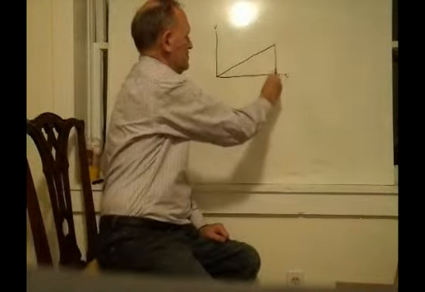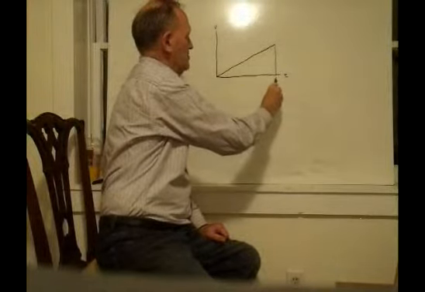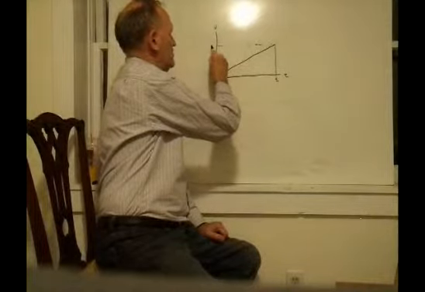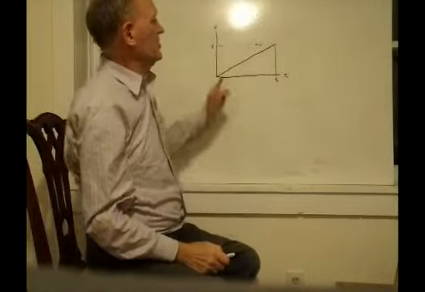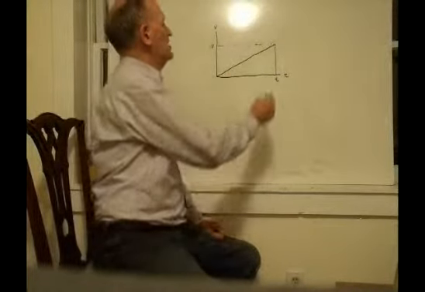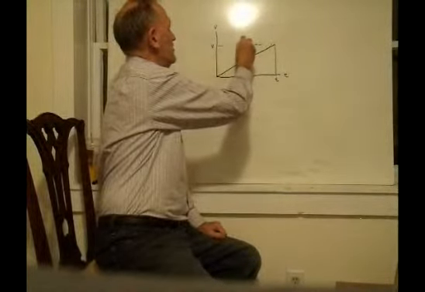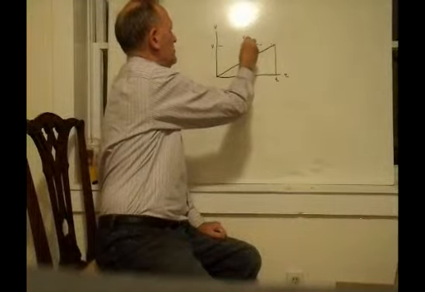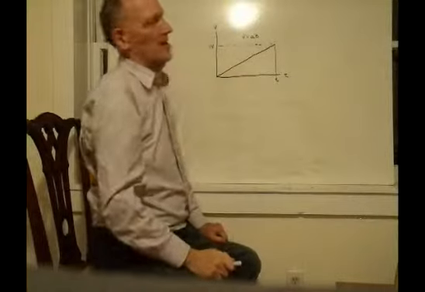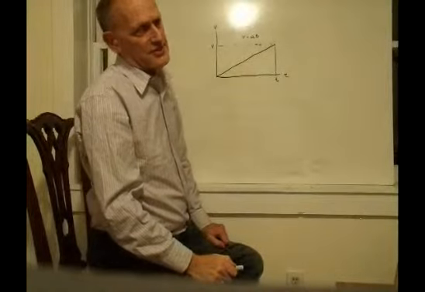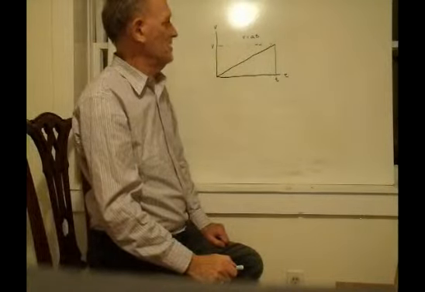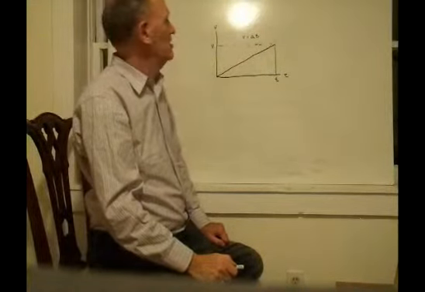Let me just bring this down here, and I'll make this a time t, and right over here is the velocity v. And this line, which describes a uniformly accelerated motion, can be written by the equation v is equal to at, where a is a constant that doesn't change when the velocity and the time change.